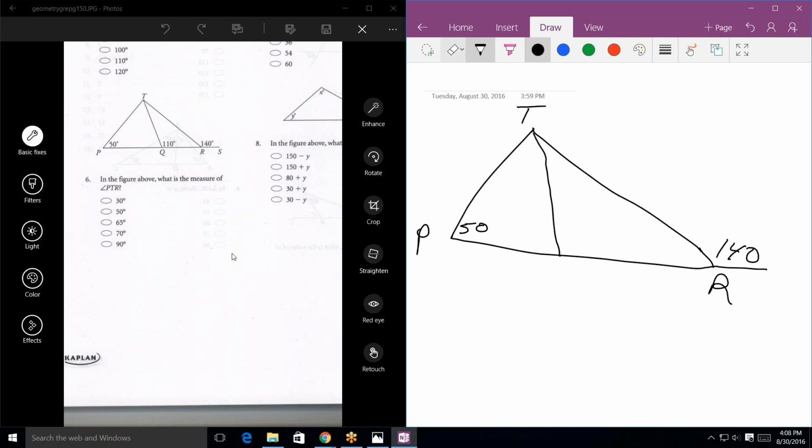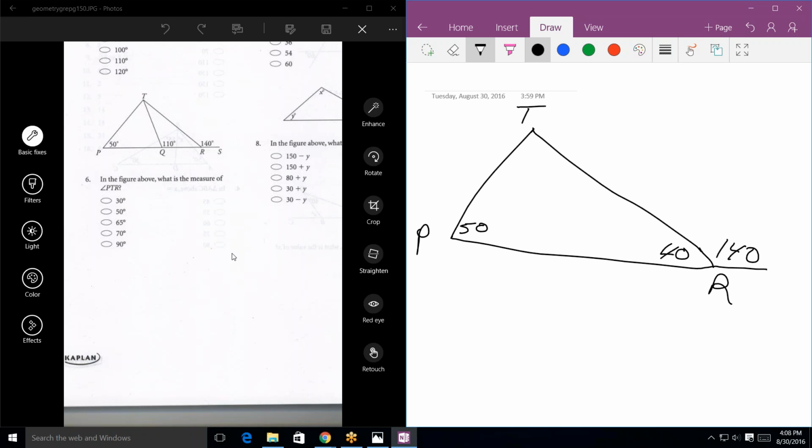Okay. So the analysis you went through was perfect, but it wasn't as quick. Notice they did something to this problem that threw you off, which is to put in this line TQ. Notice that if I leave that line off, you can see my picture on the right here? Well, you immediately figured out that that angle was 40.